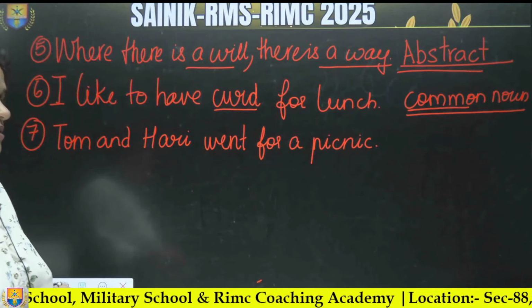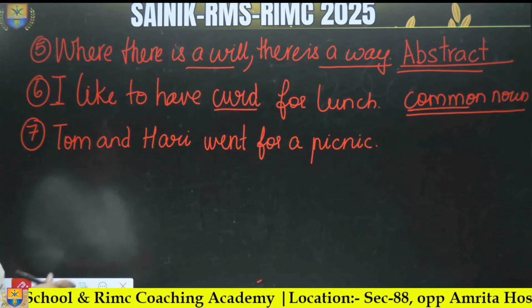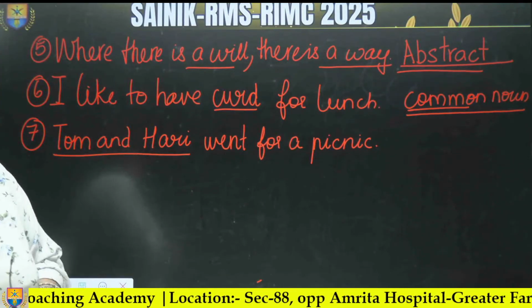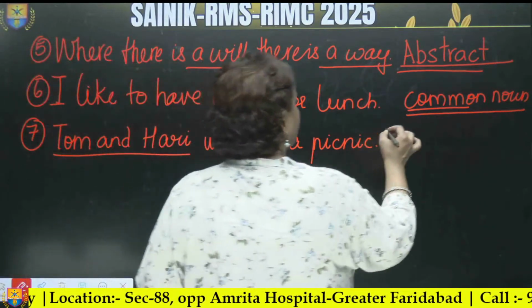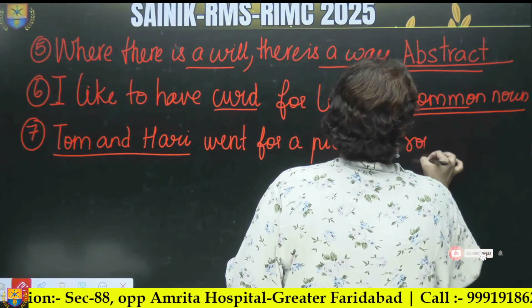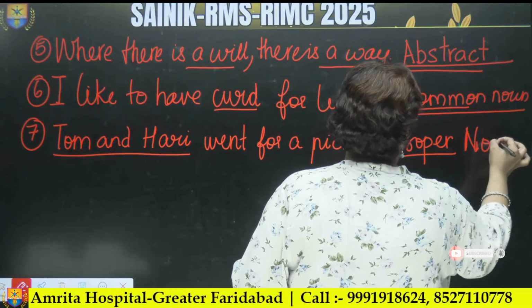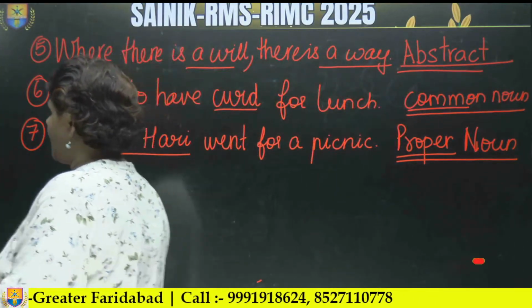Now here we have mentioned a name of two people. So the persons named are mentioned. So we underline Tom and Harry. Now which category does it come under? Yes, it comes under your proper noun. The words written are in capital letter. So we have proper noun as the answer.